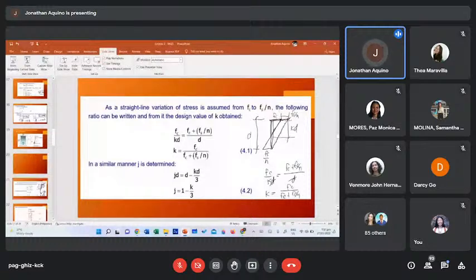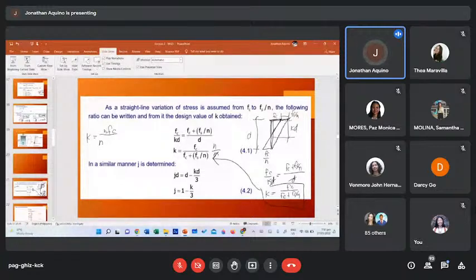Or just simply, pwede rin K is equal to, para matanggal mo yung divided by N sa FS over N, so just multiply both sides by N over N. So NFC over NFC plus FS. So same lang yun.